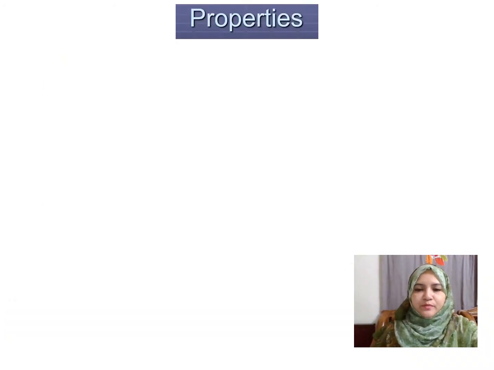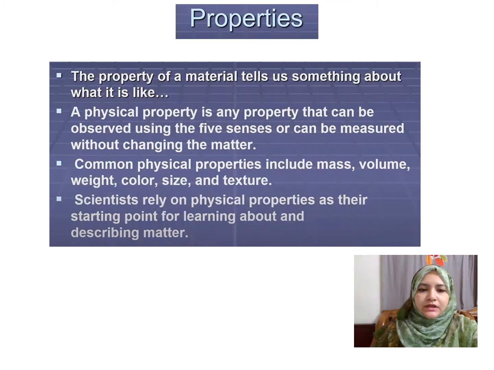Now, what is meant by properties? The property of a material tells us something about what it is like. A physical property is any property that can be observed using the five senses or can be measured without changing the matter, that means without changing the identity of the matter.